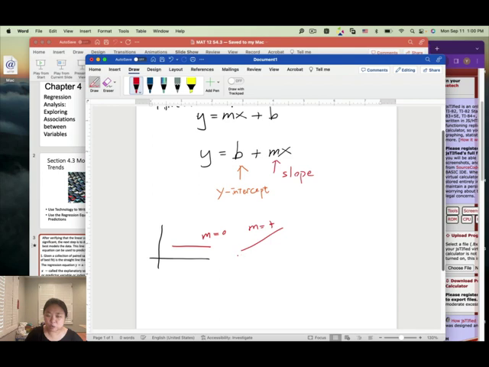Just like our scatter plot, if this is increasing, uphill, that will be positive. And when we go vertical, the slope will be undefined. And when we're decreasing, going downhill, the slope will become negative. So when you look at the regression equation, you can always predict whether your slope is going to be positive or negative.